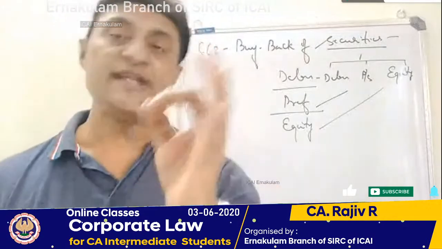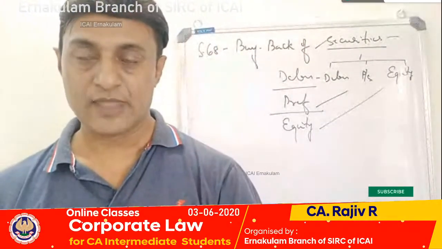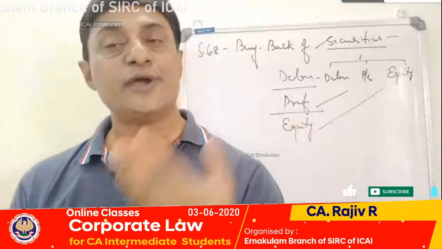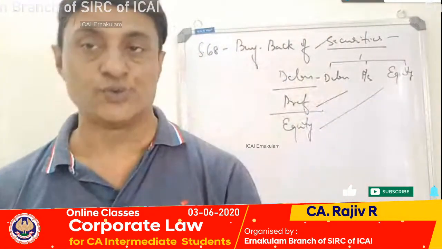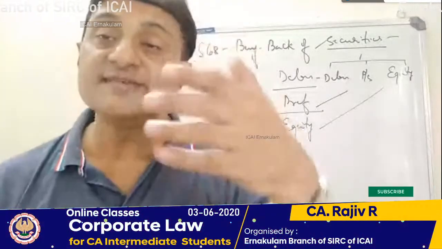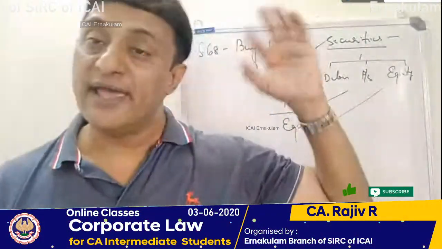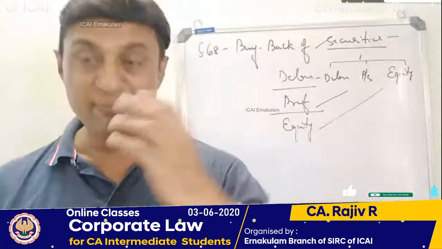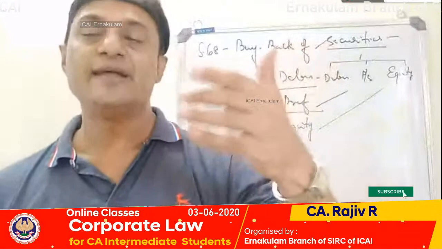It was originally designed for the equity shares, but then they decided, when you can bring it for equity shares, why don't you bring it for preference shares or debentures also? So today any security is buybackable. You can buy it back before the scheduled slated date of maturity.